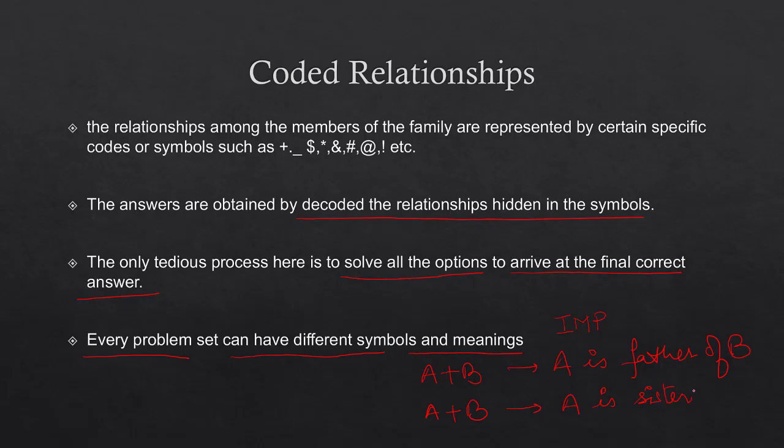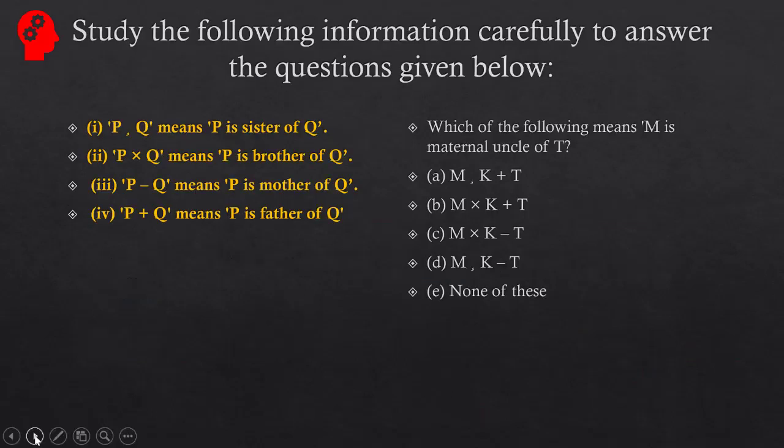So what we mean to suggest here is that a plus b would not necessarily mean a is father of b at all the times. It would depend on the meaning that has been assigned to that particular symbol in that particular problem set.